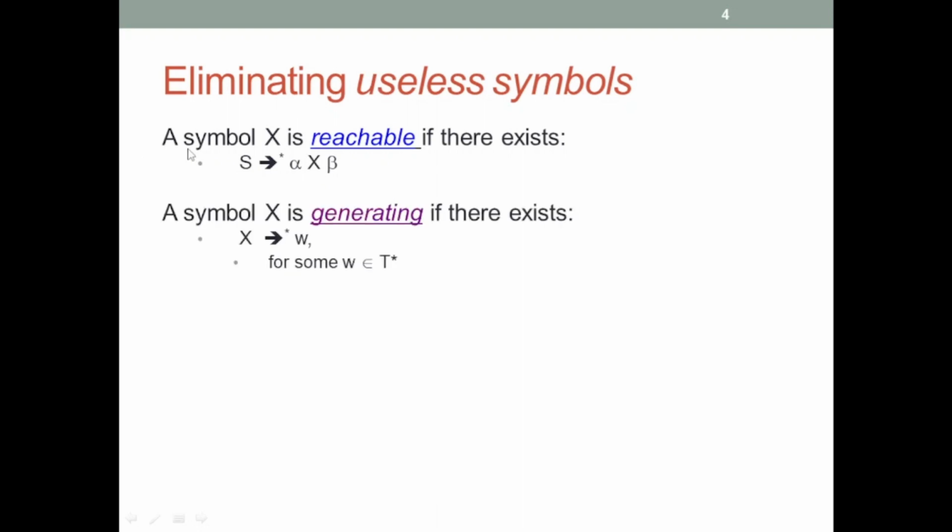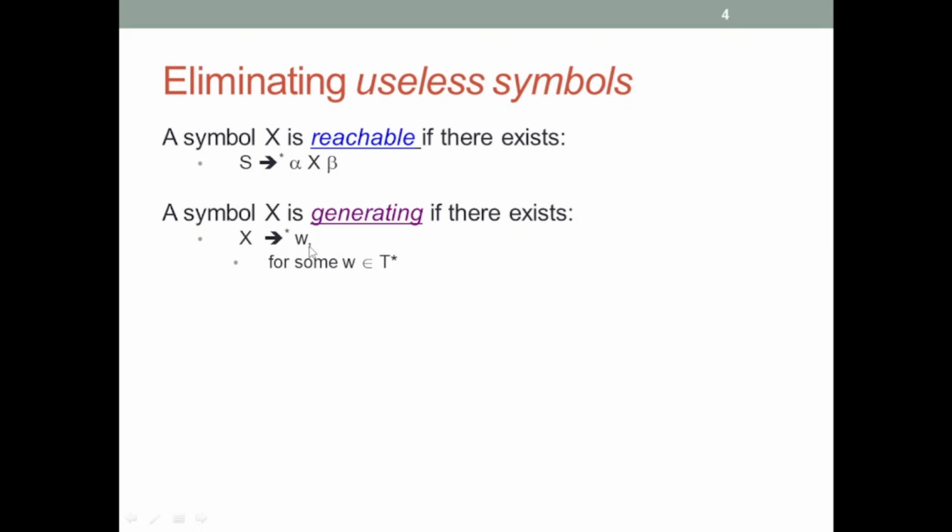A symbol X is generating if there exists a production X derives W for some W which belongs to T, where T is the set of terminal symbols.